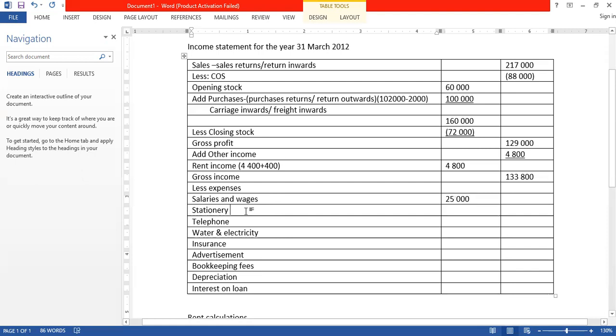Okay, so we move on to stationery. Do we have any transaction that affects stationery? No, we do not have.